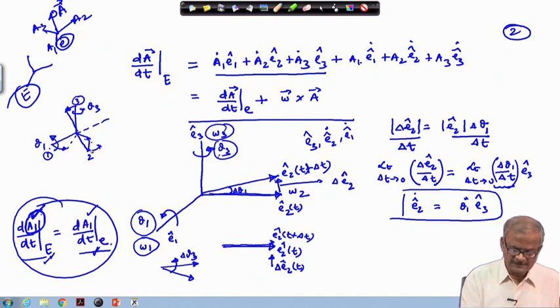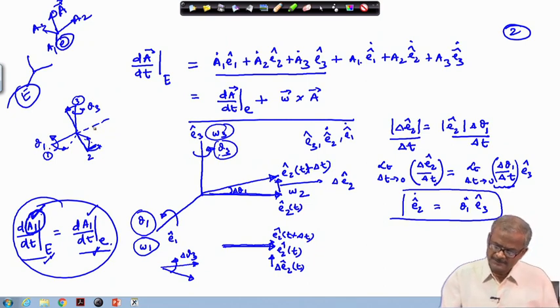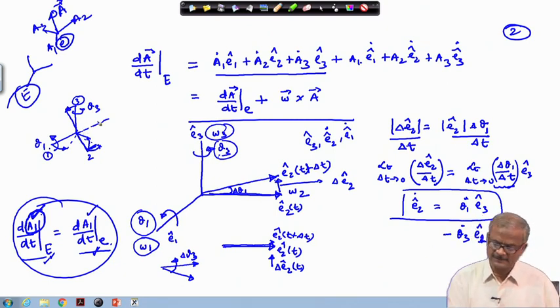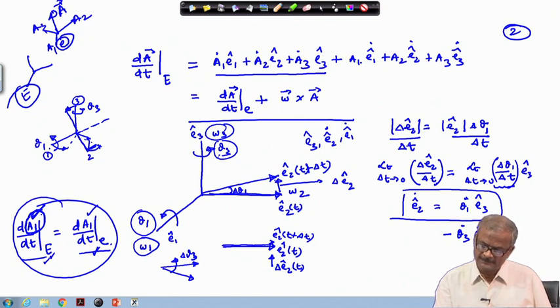So, this change will be perpendicular to this E 2 vector, and it is in the negative direction of A 1, which means the E 2 cap will also result from theta 3 dot, but that is in the E 1 cap direction with a negative sign. It is going here in this direction, so this comes with a negative sign.